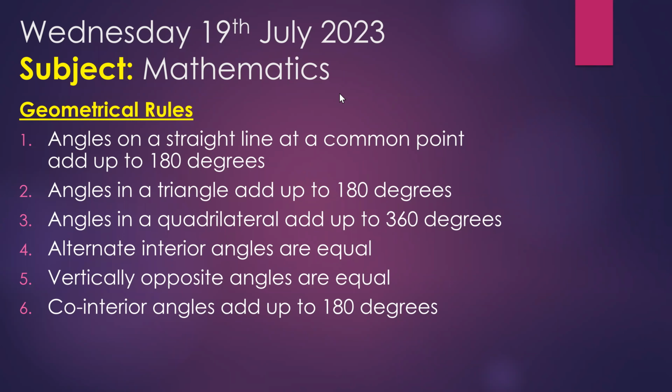Angles in a triangle add up to 180 degrees. Angles in a quadrilateral add up to 360 degrees. Alternate interior angles are equal. Vertically opposite angles are equal. Co-interior angles add up to 180 degrees. Very good. Okay, thank you.